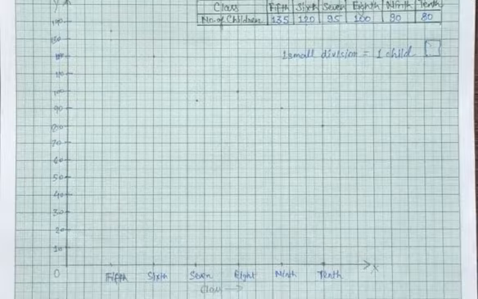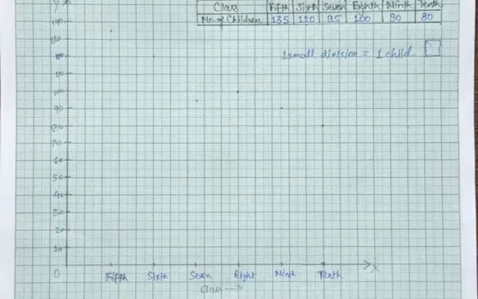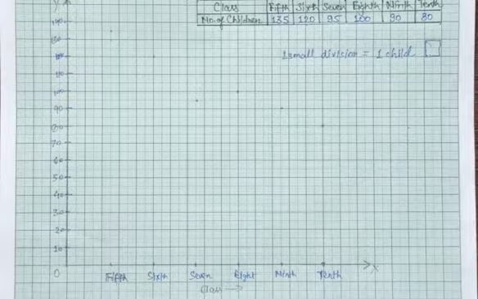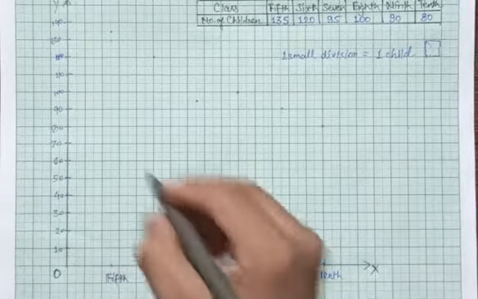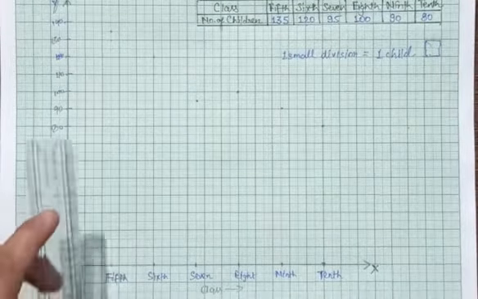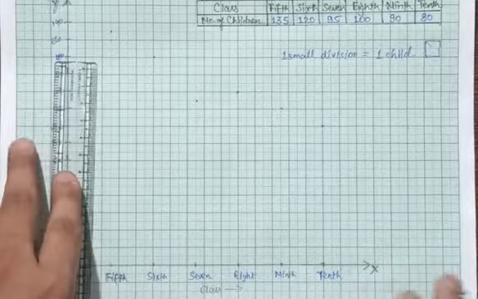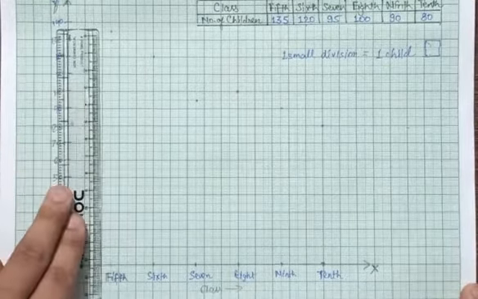Now in the last step, we have to draw the bars of equal width on the x-axis or the line OX. So this is OX and this is O. Okay. Now let us draw the bar of equal width. So first for class 5th, we draw the bar.